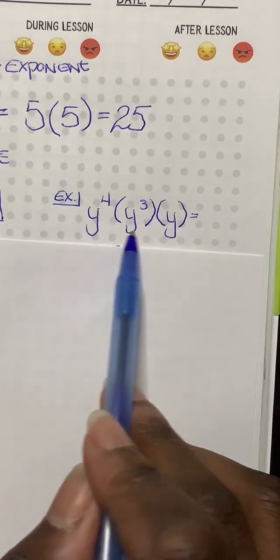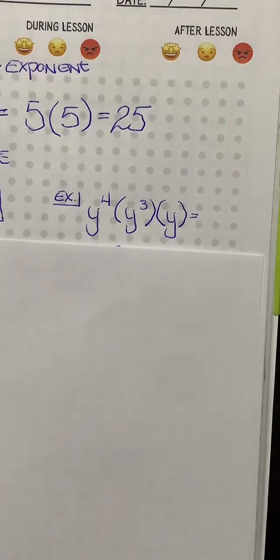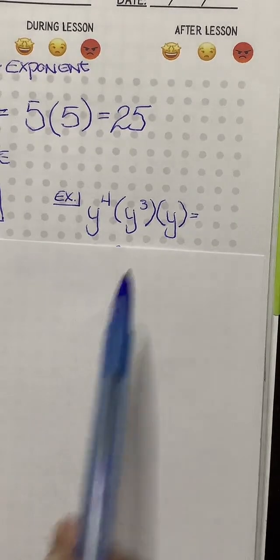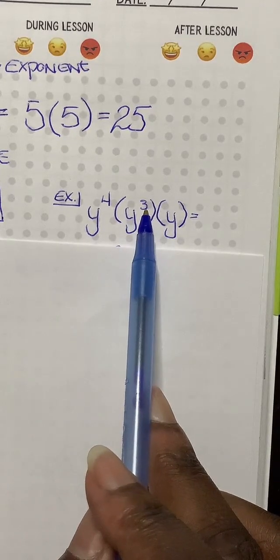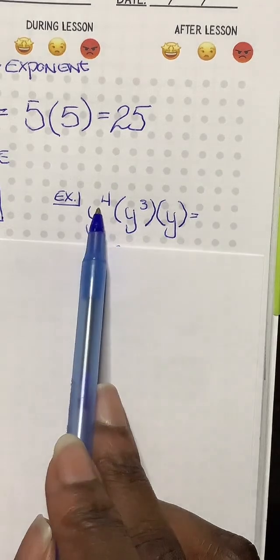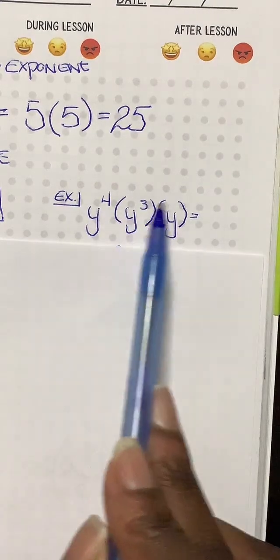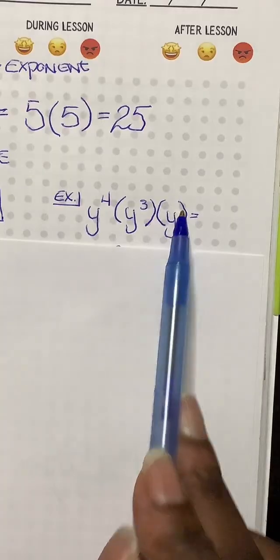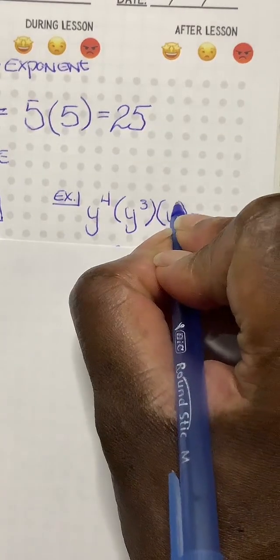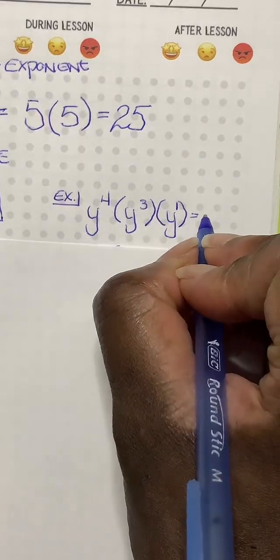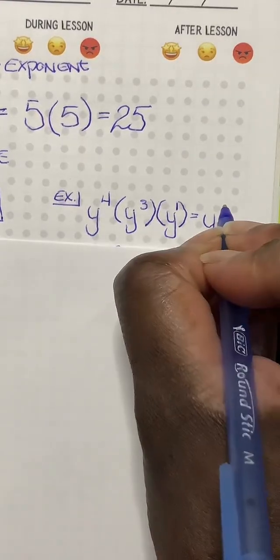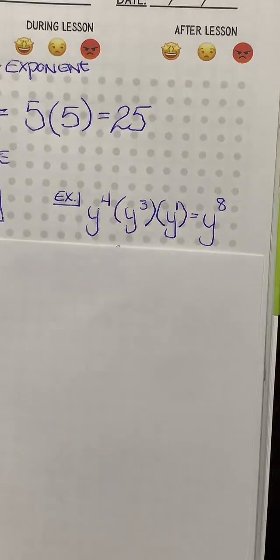So if it's just multiplication, just like what Lisa put up there, I think she was talking to Michael, if I'm not mistaken, we are going to add the exponents. We have a 4, we have a 3, and if you don't see anything, it's assumed to have an exponent of 1. So that will give me y to the 8th.